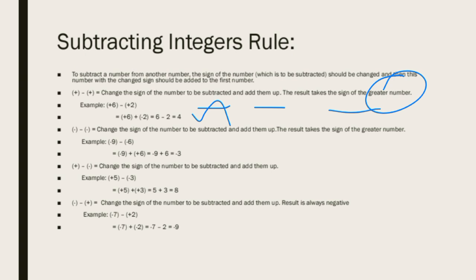Negative integer minus negative integer: change the sign of the number subtracted and add them up. The result takes the sign of the greater number. Example, minus 9 minus minus 6 is equal to minus 9 plus 6, which is equal to minus 3.